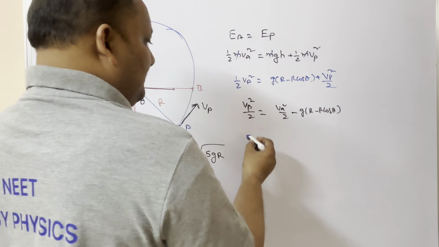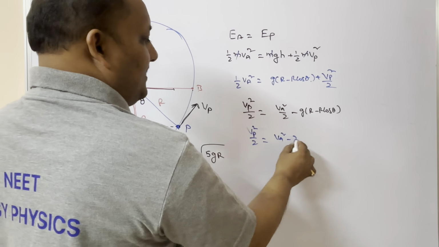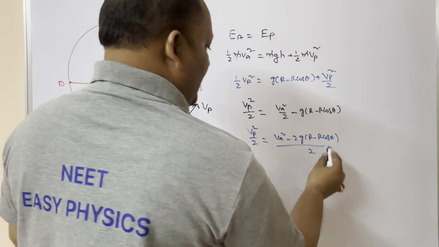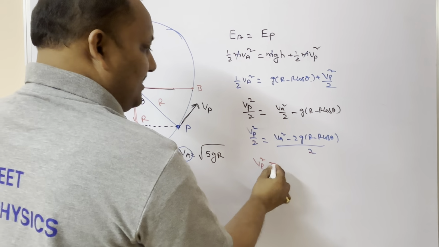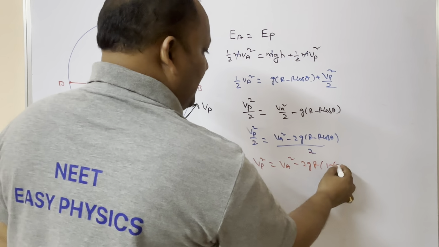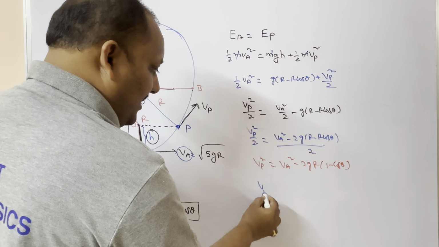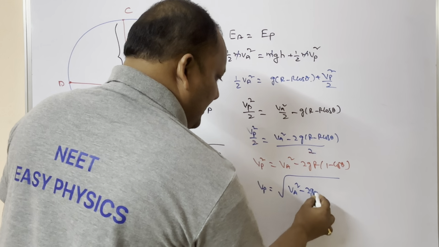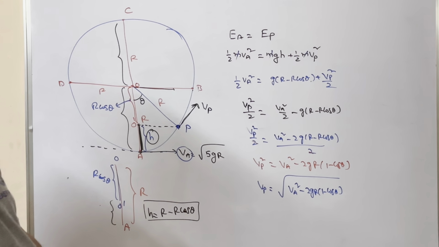If you are taking LCM, velocity at point square by 2 is VA square minus 2G into R minus R cos theta by 2. If you cancel this 2 and this 2, velocity at point square equals VA square minus 2G, taking R common, 1 minus cos theta. So, velocity at the point is equal to root of VA square minus 2GR into 1 minus cos theta.